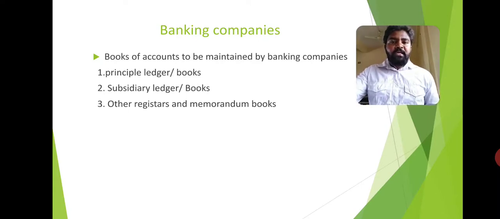Actually banks are providing four types of deposit facilities: fixed deposit, current account deposit, savings bank account deposit and recurring deposit account. For these four types of deposits, banks compulsorily should maintain separate ledgers or separate books.